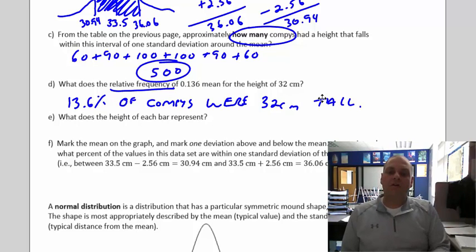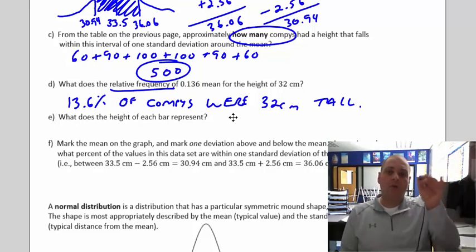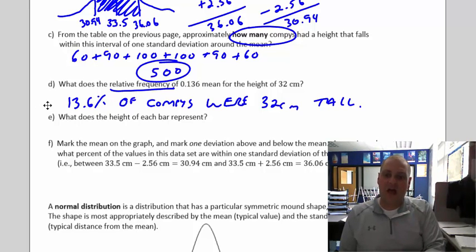Okay? What does the height of each bar represent? The height of each bar represents the percent of the copies at each height.